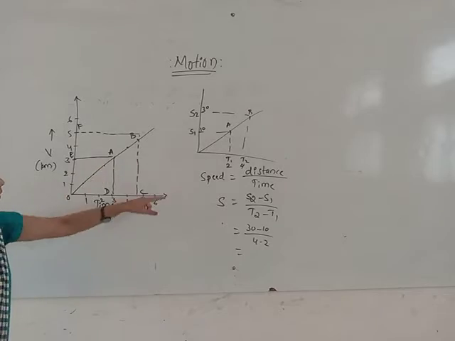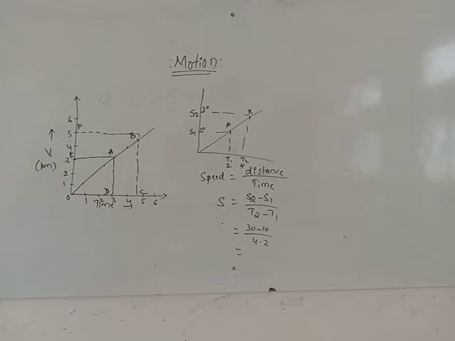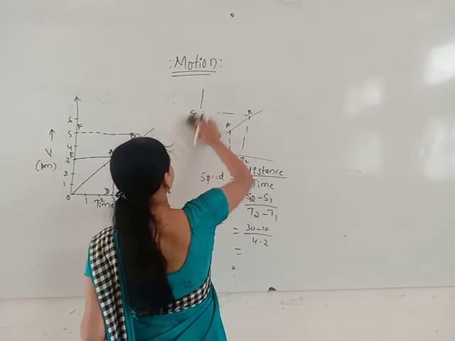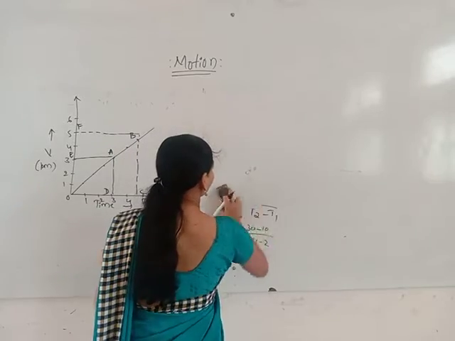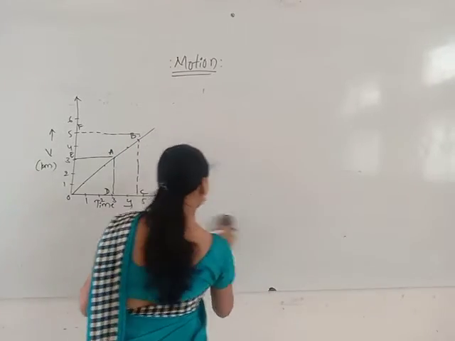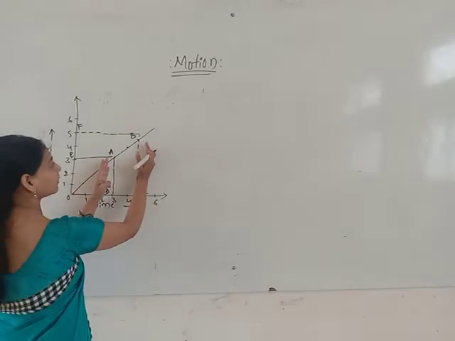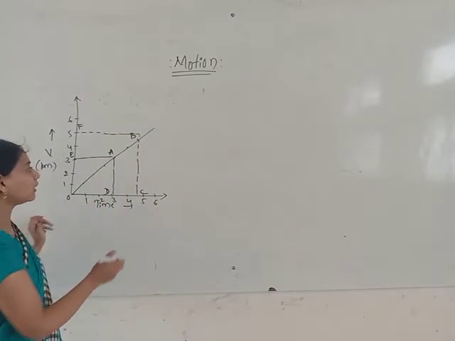So here I want to determine the distance of an object. So what I do here is, I want to determine this area. The distance from A to B I have to determine.